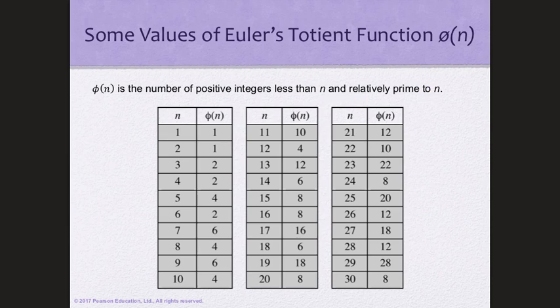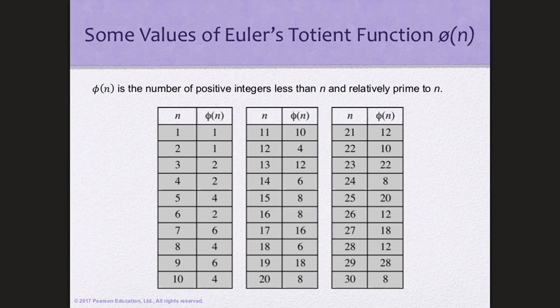We know the meaning of two numbers being relatively prime to each other: there is no common divisor between them except one. So the Euler function for any positive integer n is defined as a count of how many numbers are smaller than n that are relatively prime to n.